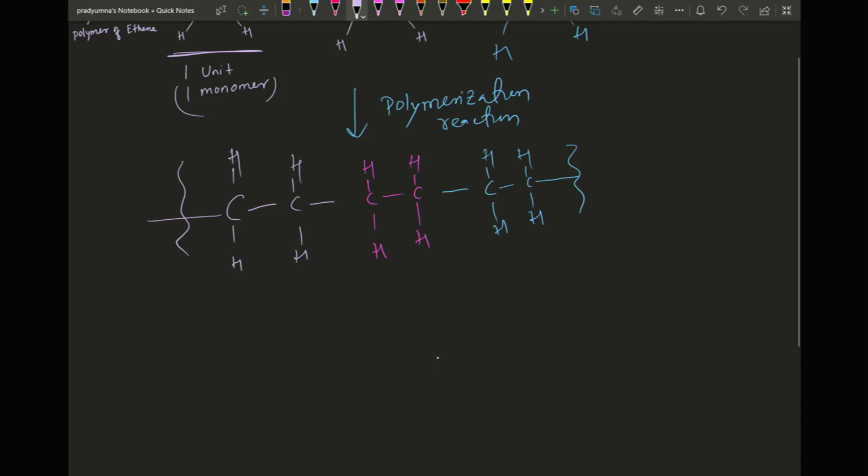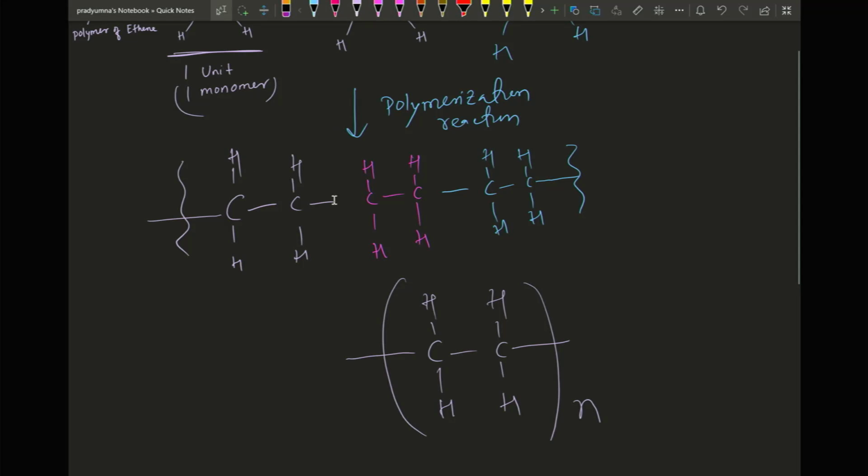You can simply write C H H C H H. This is the one unit, and then you extend on both sides, put a bracket, and then put n. n means the same unit keeps getting repeated on either side. So instead of writing multiple structures, we write like this. So that's our polythene.